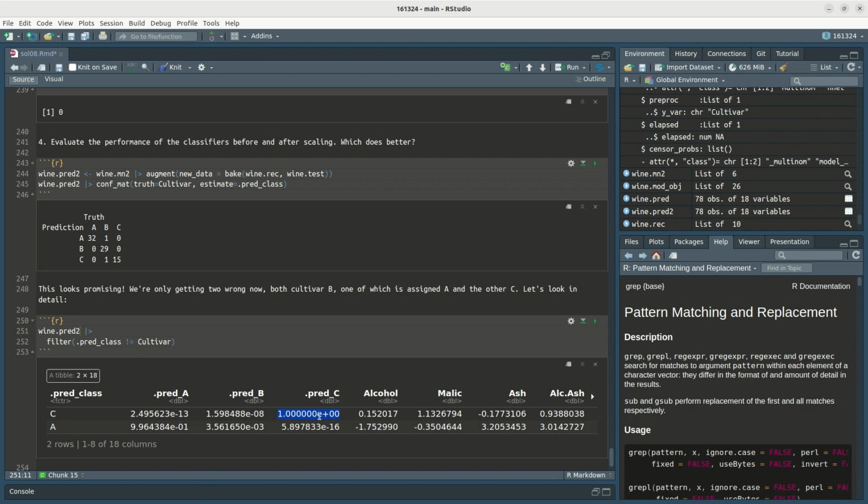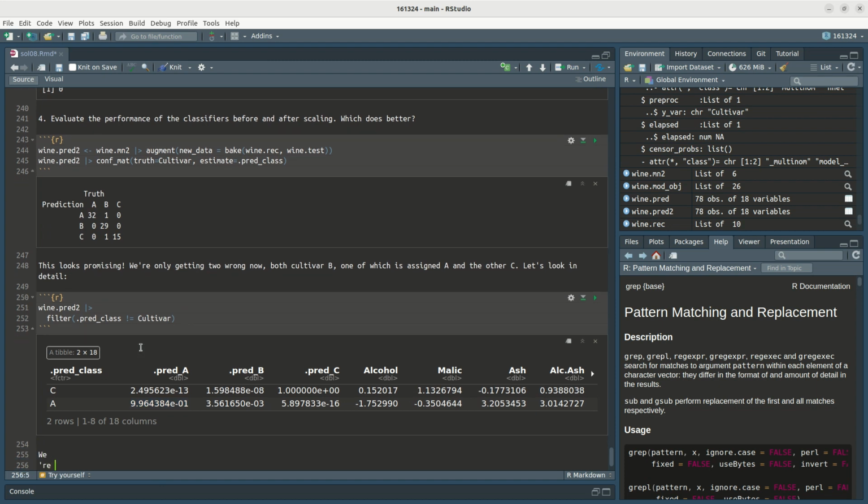Basically 100% confident that that's a C, even though it's a B, and we're 99.6% confident that the second row here is an A, even though it's actually a B. We're still super confident in our incorrectness. What might be going on?